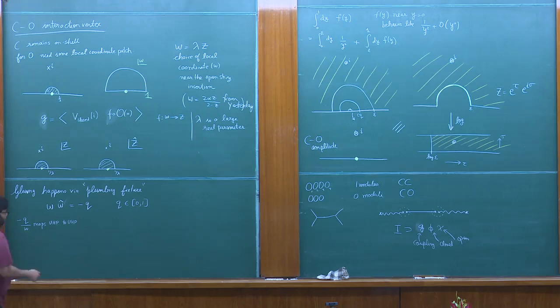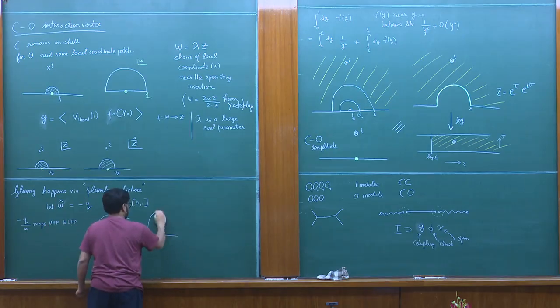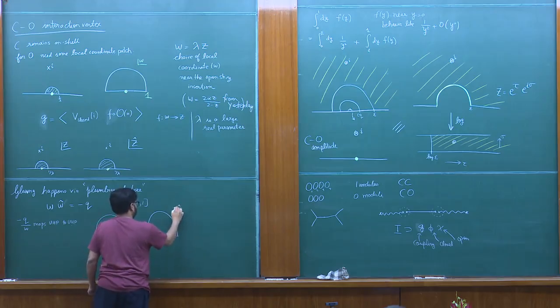Okay, so that's one fact. But now let's see geometrically what's happening. In the W plane, I have this unit half disk. In the W hat plane, I have a unit half disk.